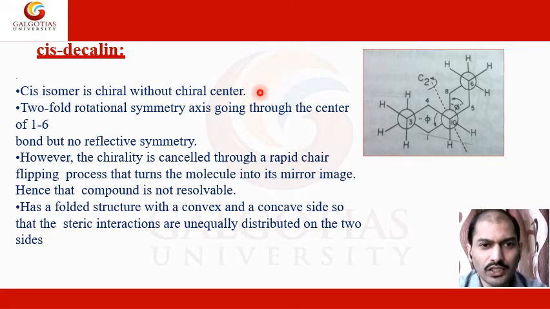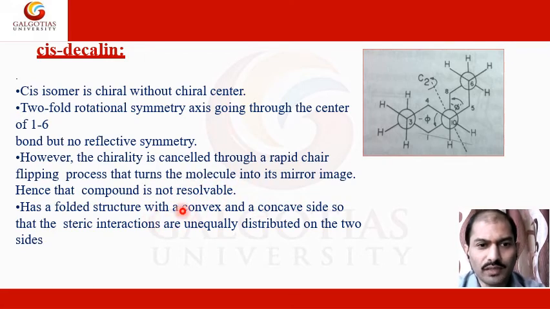So there is a C2 axis of symmetry. In the case of cis decalin, there is some kind of symmetry element, but without a chiral center.